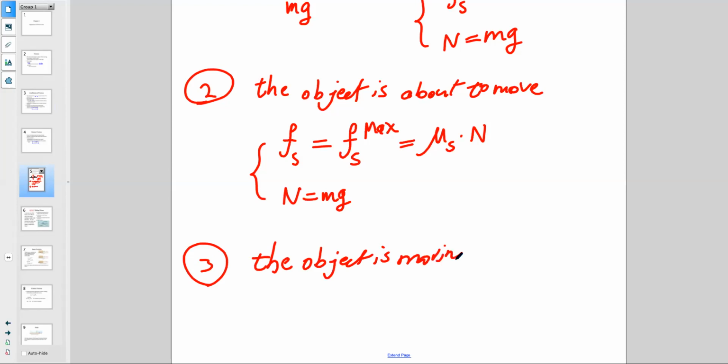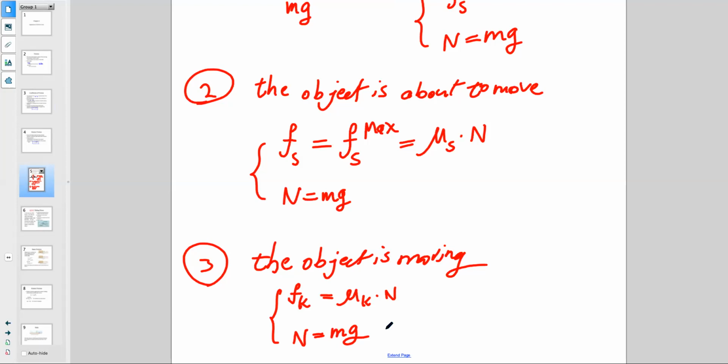So at this point, you're not dealing with static friction anymore. You are dealing with kinetic friction, which is mu k times n, or mu k times normal force. And your normal force is always, no matter what, mg in this case. In order to find the normal force, if you don't know, go ahead and watch the videos of chapter 5.